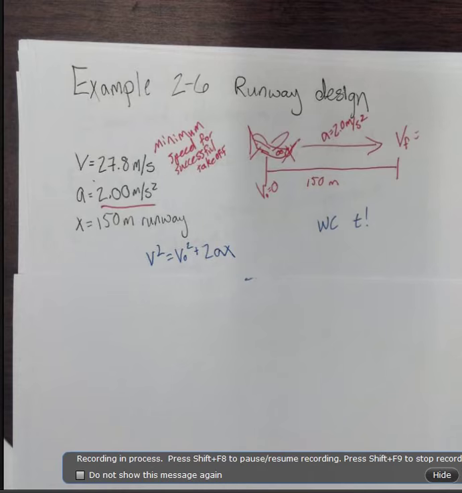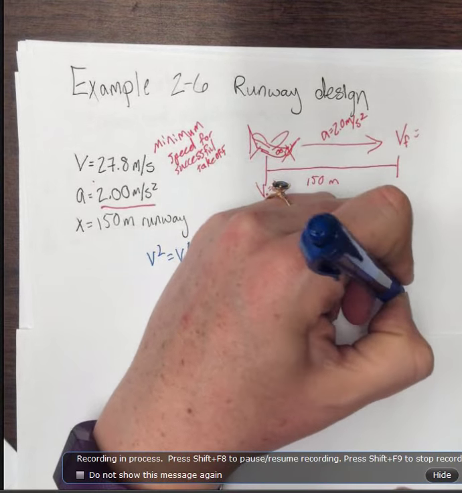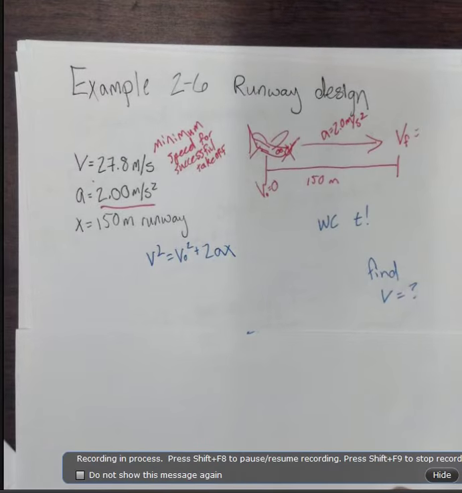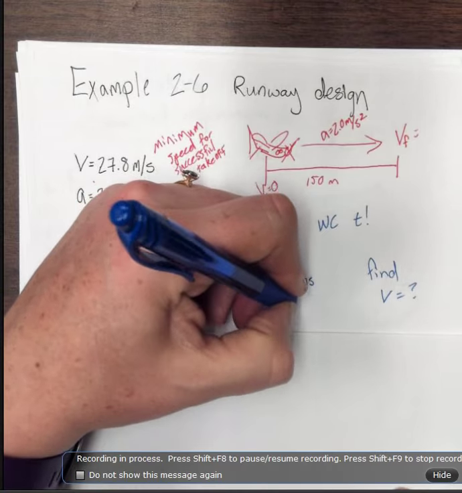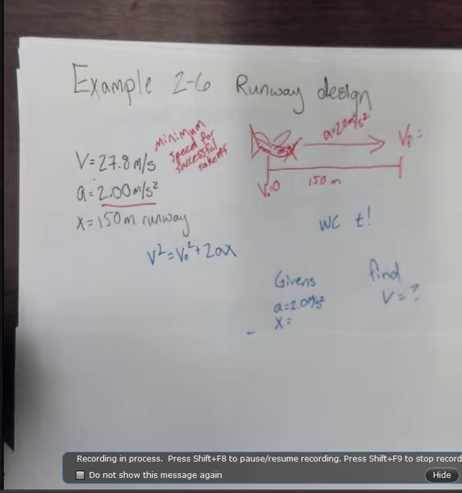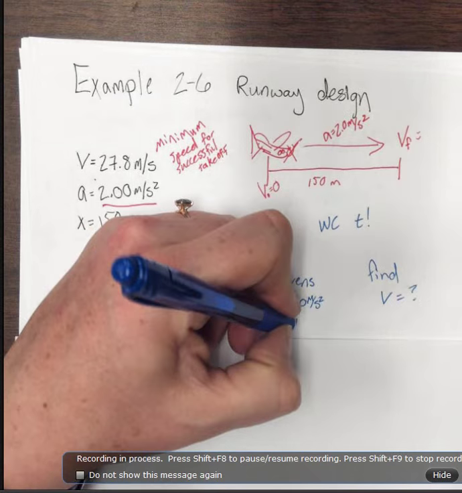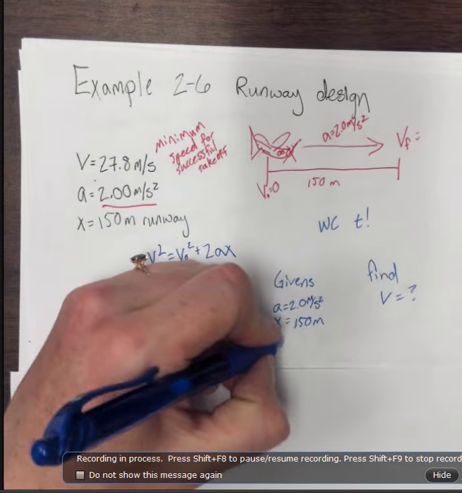So the first question I'm going to ask myself is, how fast is my airplane going to be going on a proposed 150 meter long runway? So I want to find the final velocity, given that my acceleration is 2.0 meters per second squared, my total displacement is going to be 150 meters down the runway, and that my initial velocity is zero, because all airplanes start from rest when they take off.